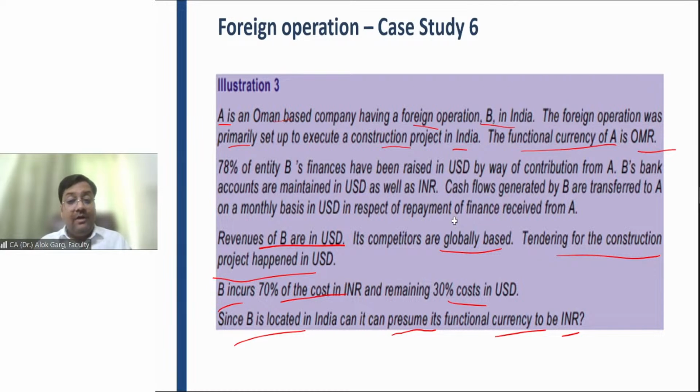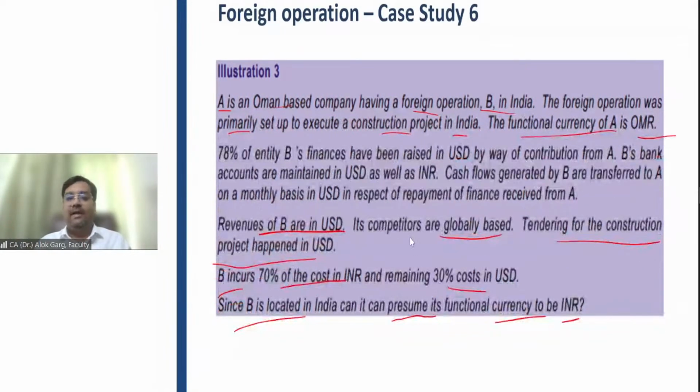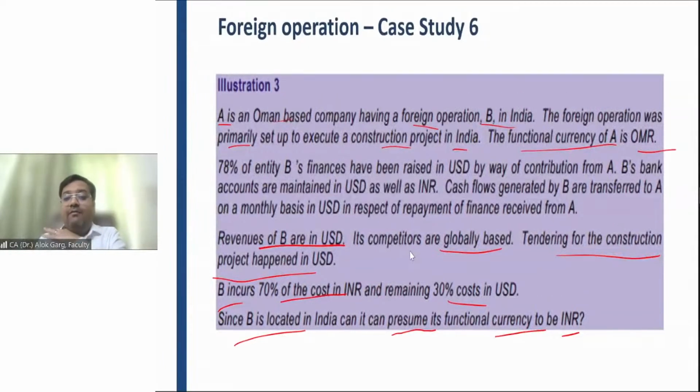Okay. So in this case, we need to identify the functional currency of B Limited, because all 4 conditions are not being met. For identifying the functional currency of B Limited, again, we need to go to the primary indicators and secondary indicators, right? First, its significant revenues and competitive forces are in US dollar.